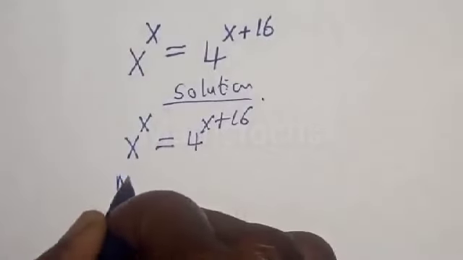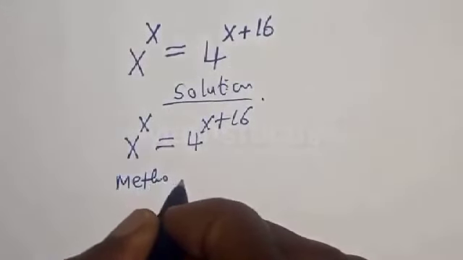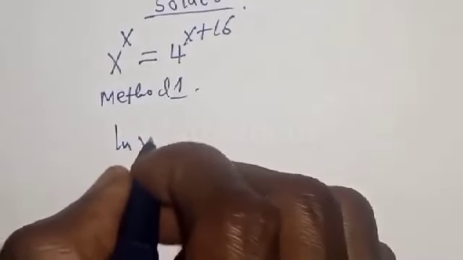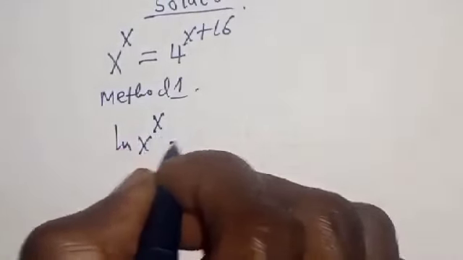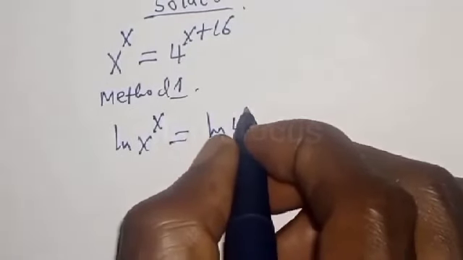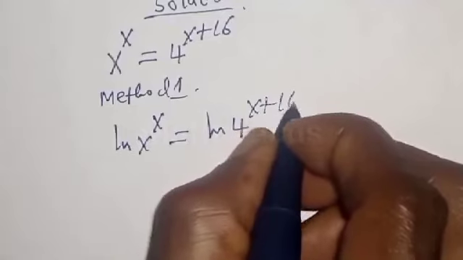Let's call this method 1. Natural log of x raised to power x is equal to natural log of 4 raised to power x plus 16.